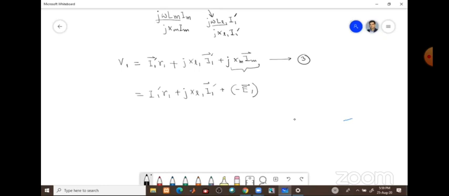Just after this equation, I will draw the circuit, then you will understand that I1 is basically a part of this I1 prime. So I1 is basically flowing through the R1 and L1, and for that I have already considered the voltage drop.